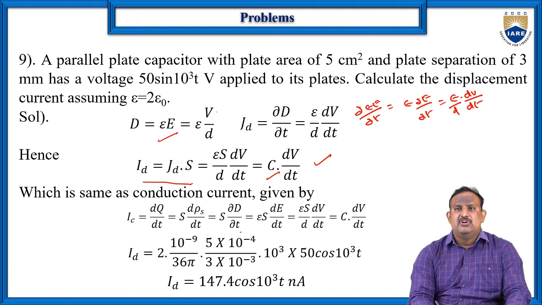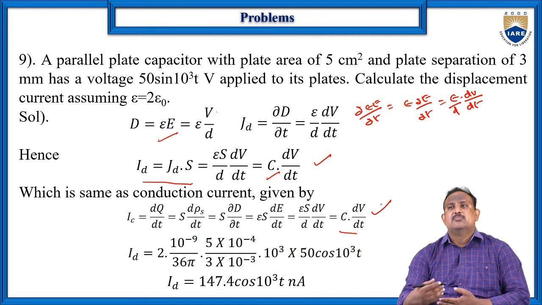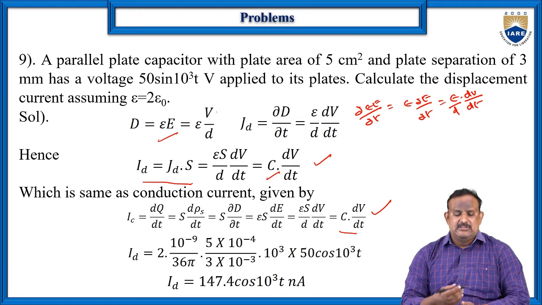Therefore, S into dou D by dou t. Again, D is equal to epsilon E, therefore epsilon S into dou E by dou t, and E is equal to V by d. Therefore, epsilon S by d into dV by dt. Epsilon S by d is nothing but C, therefore C into dV by dt. So both are similar.